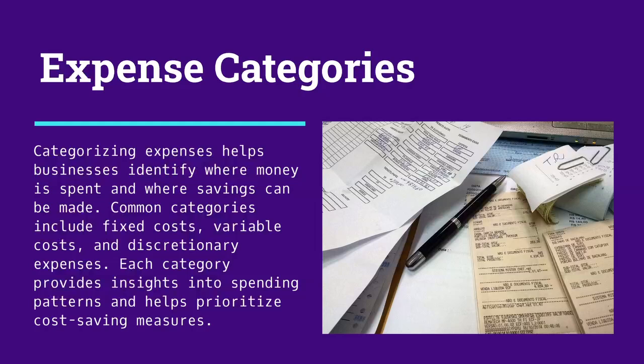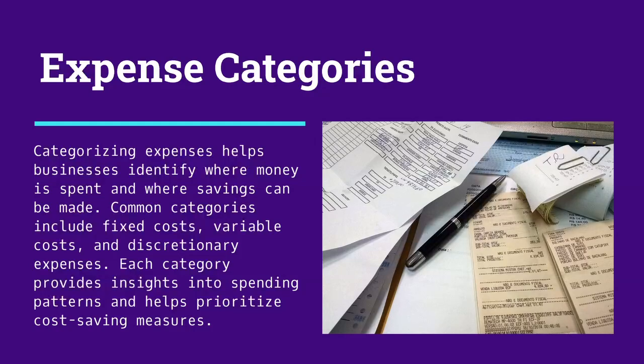But one piece of advice is, if you have too many categories, then each category will have a small amount of money and it won't tell you anything. If you have very few categories, then most of the money will be in just one category, and it won't tell you anything either, right? So you have to find a balance in terms of categories.